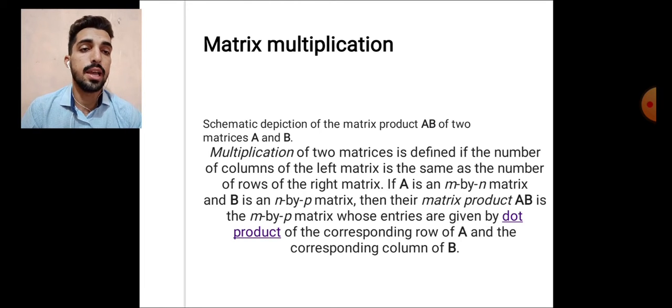If A is an m by n matrix and B is an n by p matrix, then their matrix product AB is the m by p matrix whose entries are given by the dot product of the corresponding row of A and the corresponding column of B.